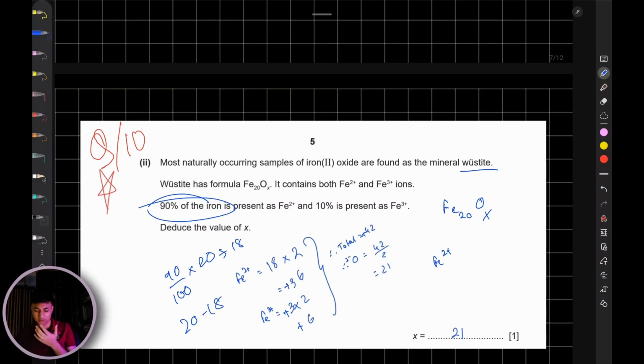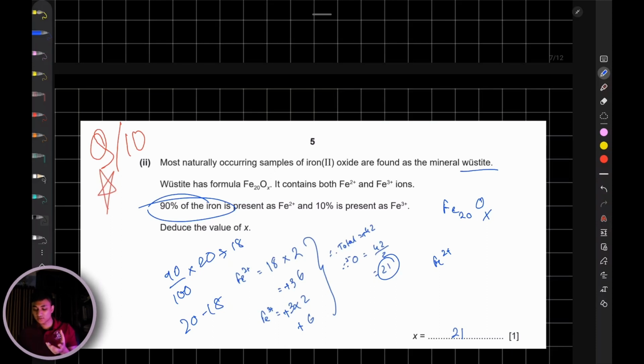By oxygen's oxidation state. So since each oxygen atom has a minus 2 charge, I can say 42 divided by minus 2 is going to be the number of oxygen atoms present. So it is going to be 21 oxygen atoms.